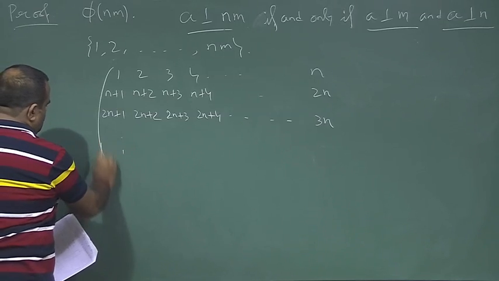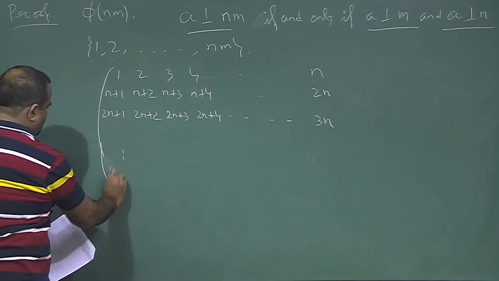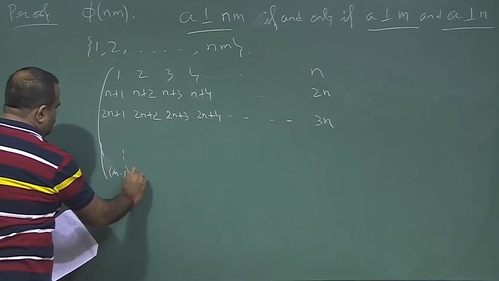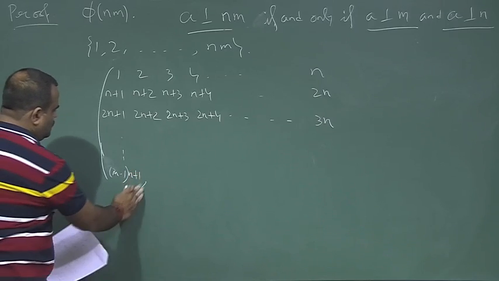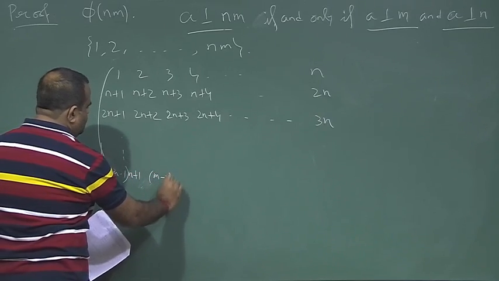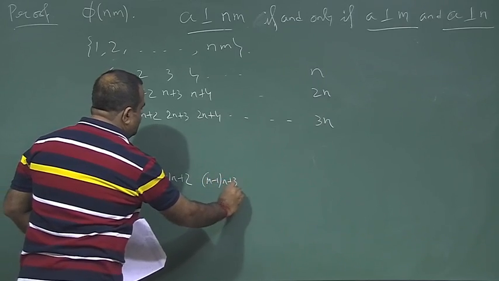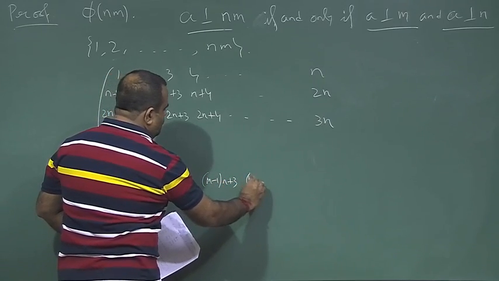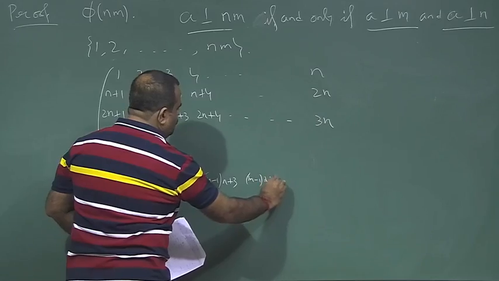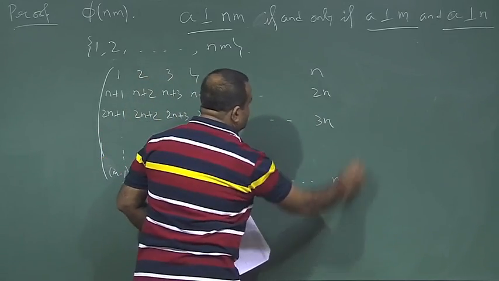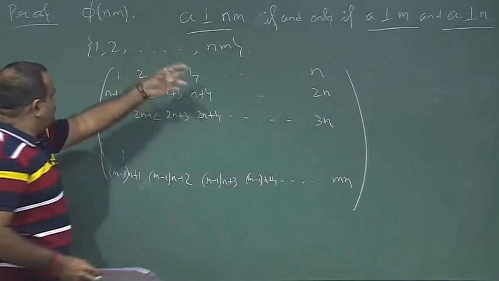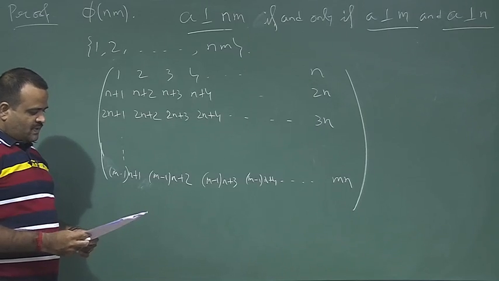And so on, up to (m minus 1) times n plus 1, (m minus 1) times n plus 2, (m minus 1) times n plus 3, (m minus 1) times n plus 4, dot dot dot m times n. So basically we are writing this set in a matrix form.